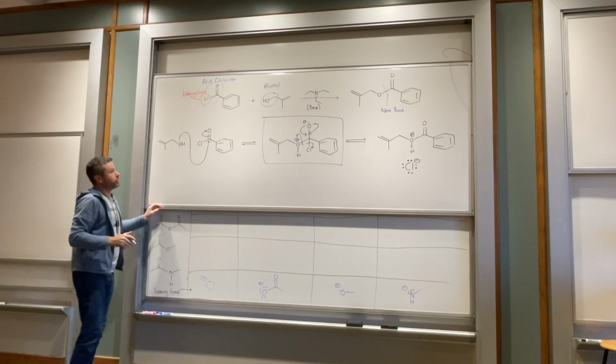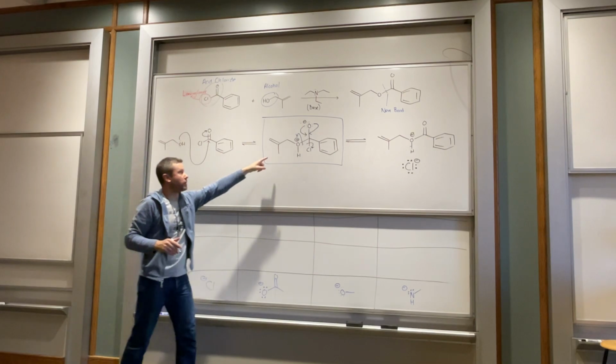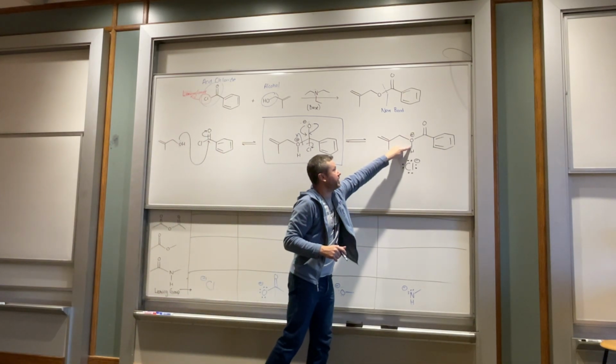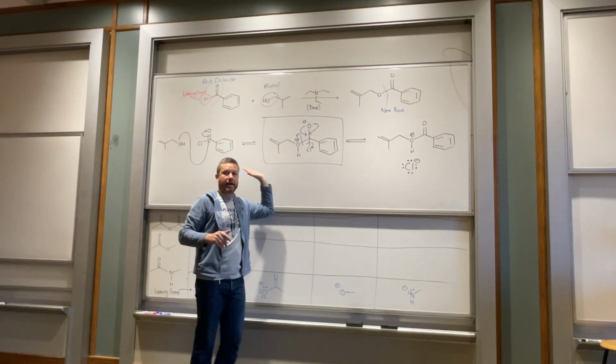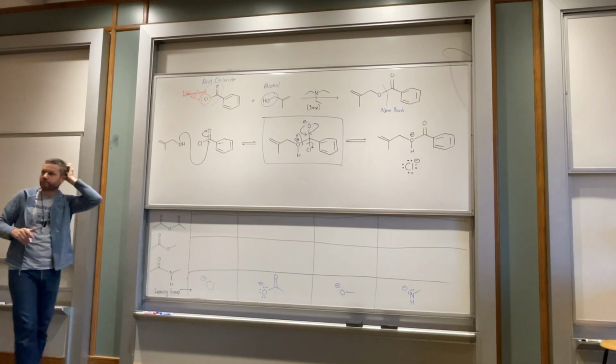So I've shown this equilibrium. We're just focusing on this step, going from the starting materials to the tetrahedral intermediate, and we're trying to understand why the reaction is going forward rather than going backward.